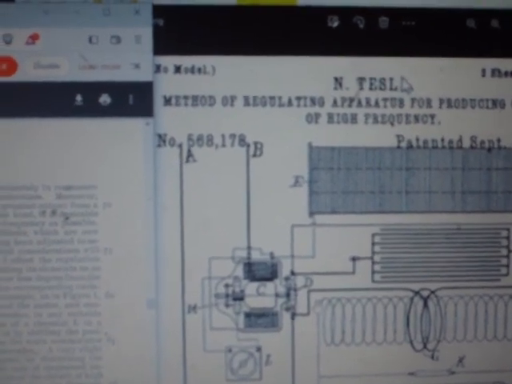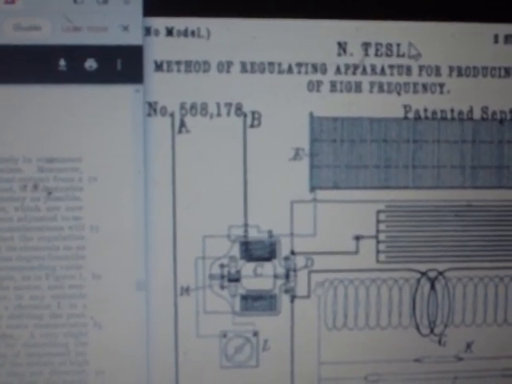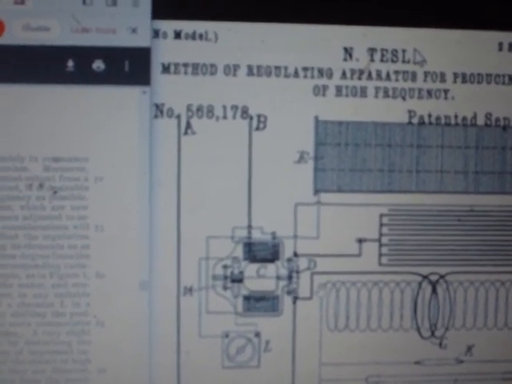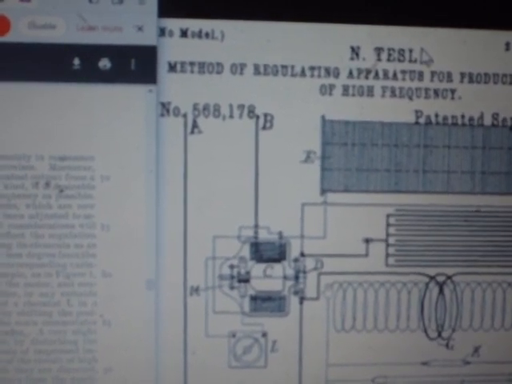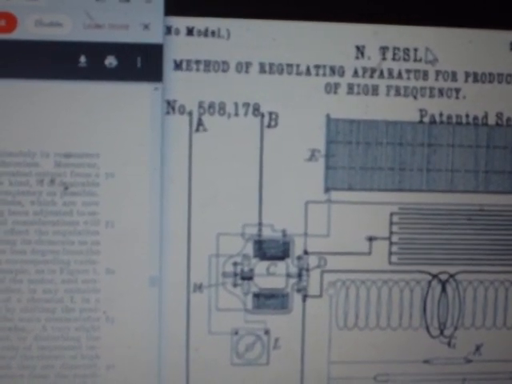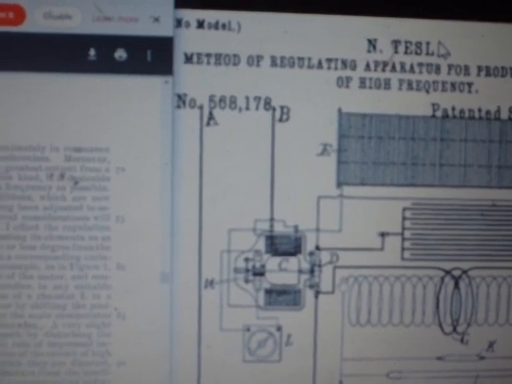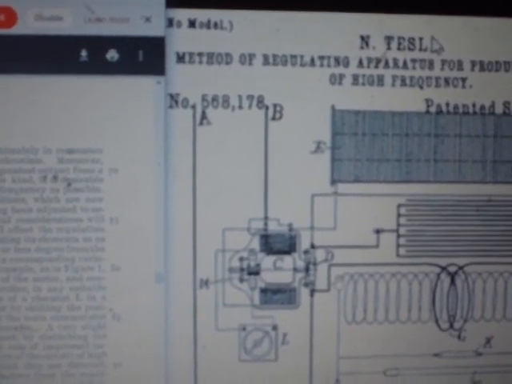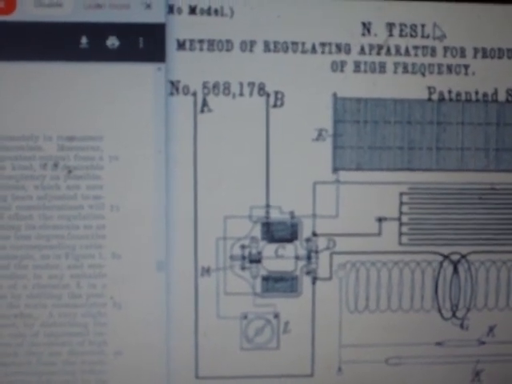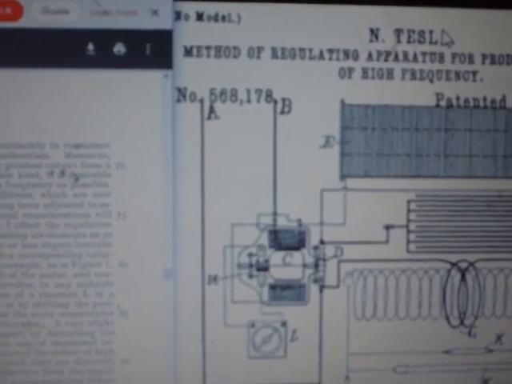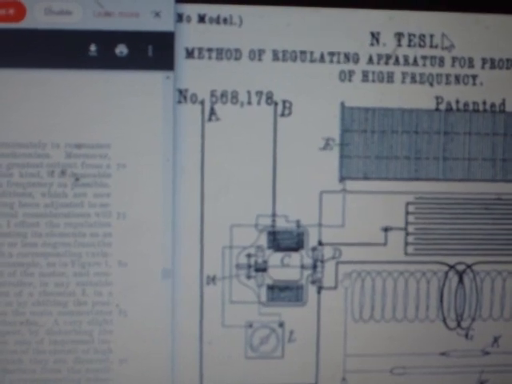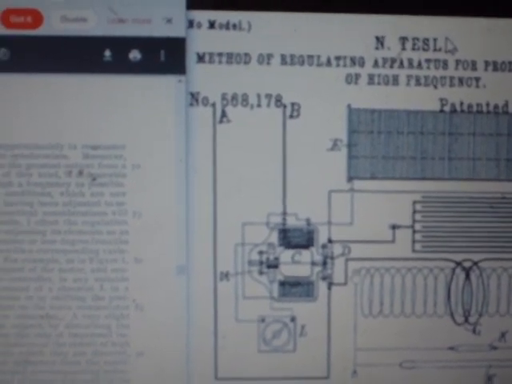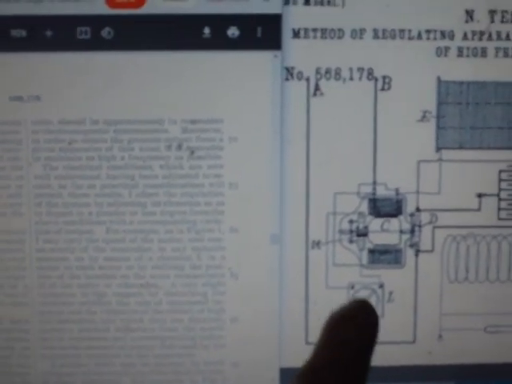For example, as in figure 1, I may vary the speed of the motor and consequently of the controller in any suitable manner, as by means of a rheostat L. Now I think that is this one here.